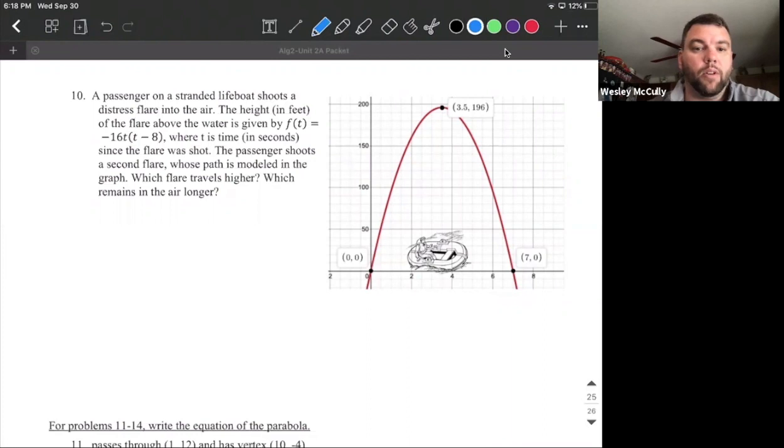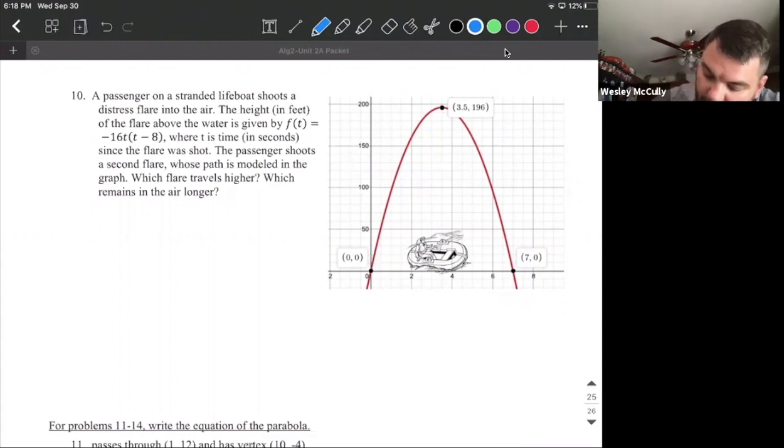I need to tell you that the t right here is in the place of what is normally an x. When we look at a quadratic equation and we see an x and we graph that, the graph is on the xy plane. But this is actually t for time, so they just use t, but it's the same as the x. It's going to act just the same.